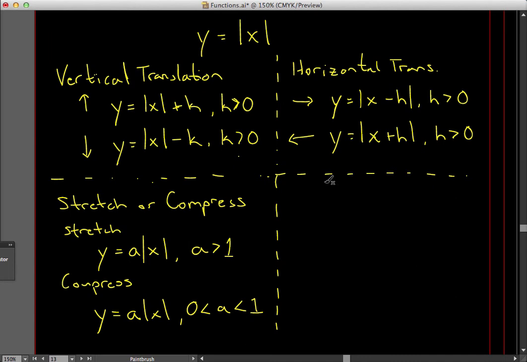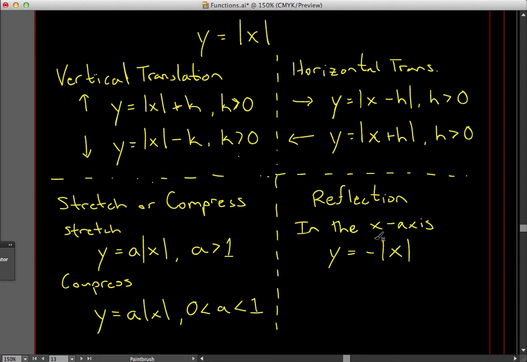And finally, the last way that we can transform the absolute value function is through reflection. Reflection about the y-axis, reflection about the x-axis, we'll start with the x-axis. In the x-axis, y is equal to negative absolute value of x.